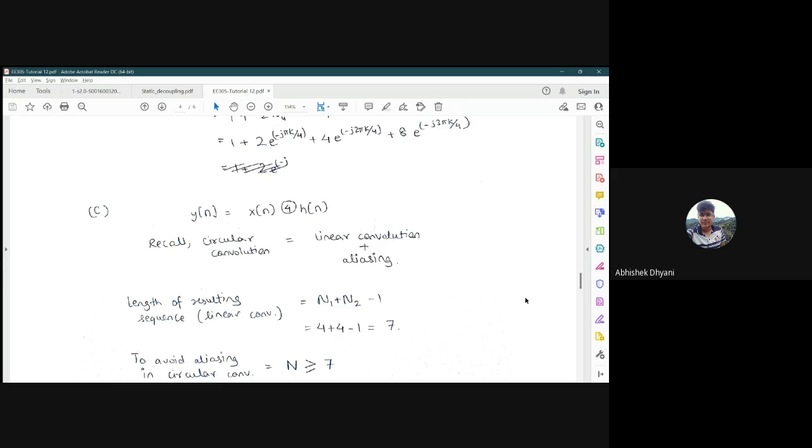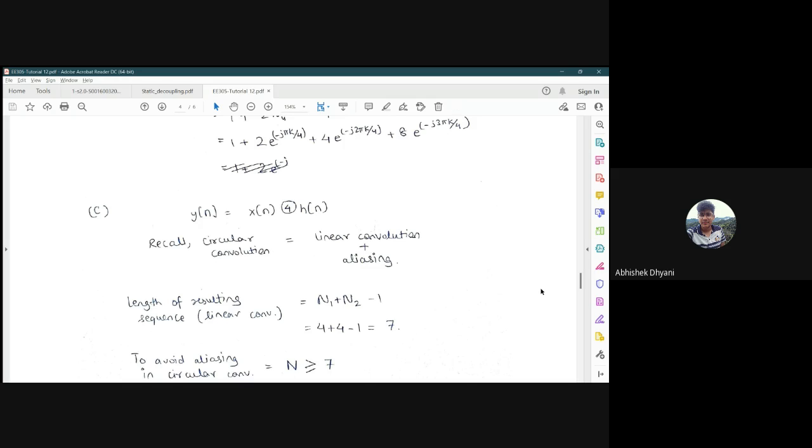But on the other hand, because we are calculating circular convolution and it is saying that the length of the resulting sequence must be 4, that is what this means. This means that the circular convolution is performed in a way that the number of indexes which have non-zero value are 4.